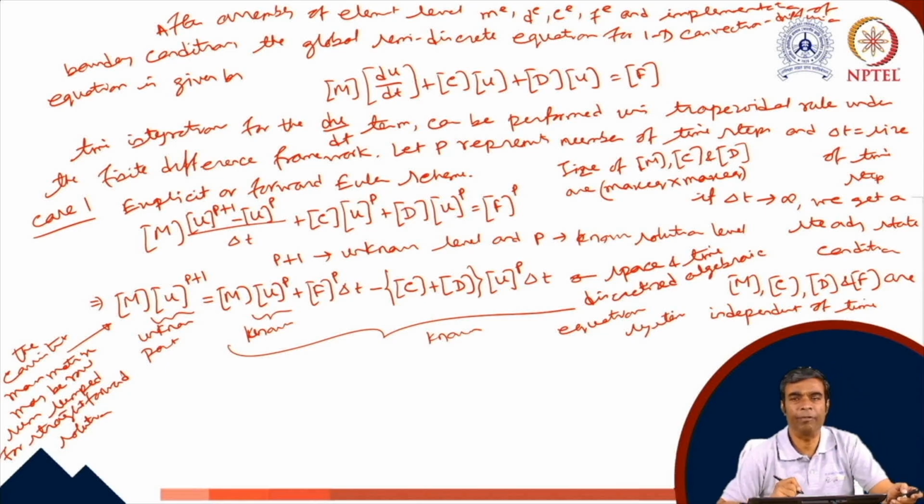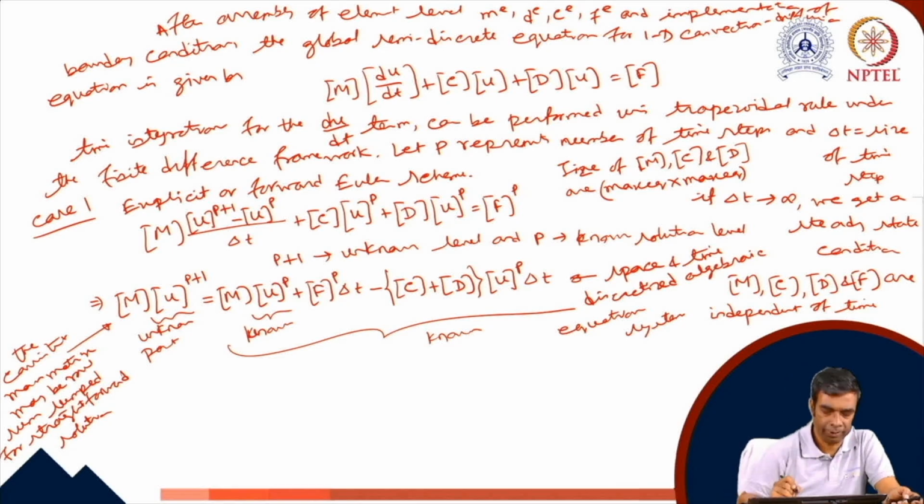The semi-discrete version is space discretized. When it is discretized by time integration schemes, we get the fully discretized algebraic equation system. Incidentally, because the governing equation was linear and the boundary conditions are also linear, our matrix equation system at the end is also linear.